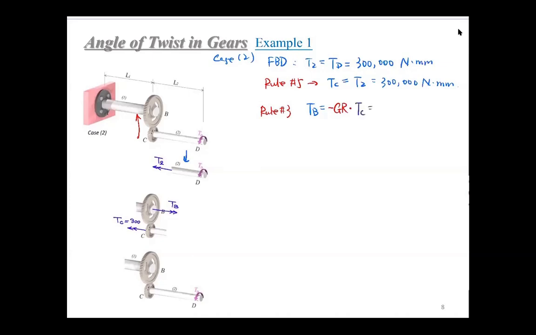We just need to figure out if this gear ratio is larger than 1 or smaller than 1. Which one has a larger T, TB or TC? Which one is larger?